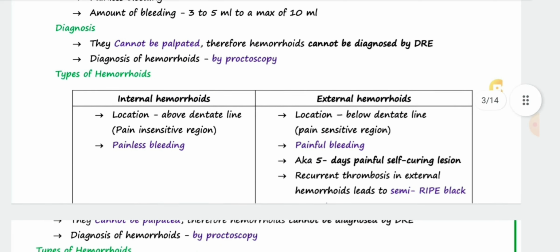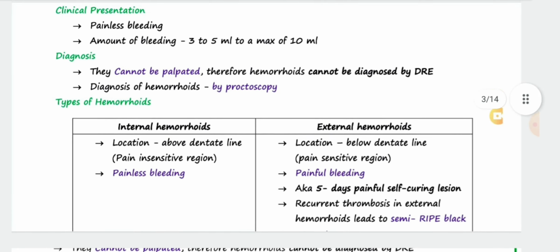Now types of hemorrhoids. There are two types, basically internal hemorrhoids and external hemorrhoids. They are divided on the basis of their location. The location of internal hemorrhoids is above the dentate line. It is a pain insensitive region because it is derived from the endoderm, and internal hemorrhoids are characterized by painless bleeding.